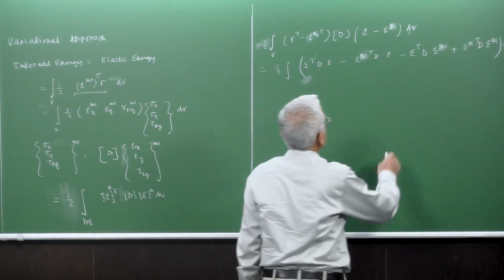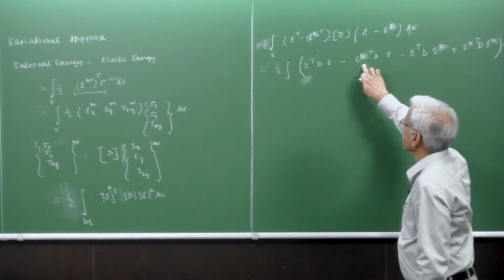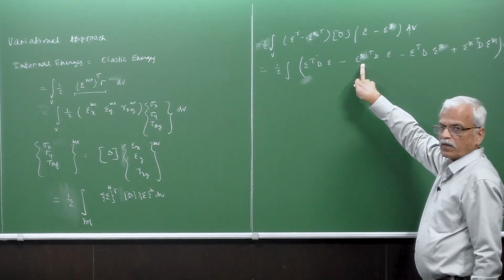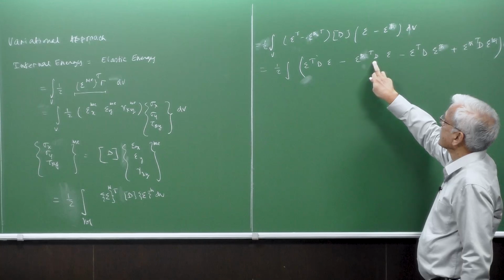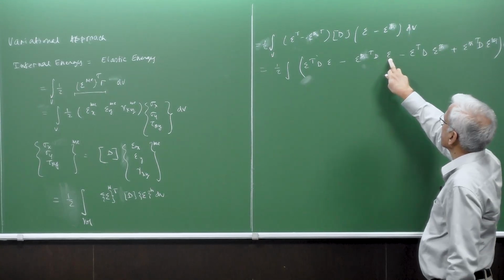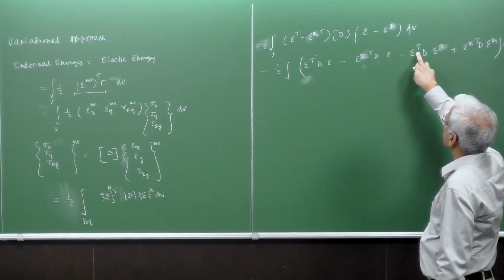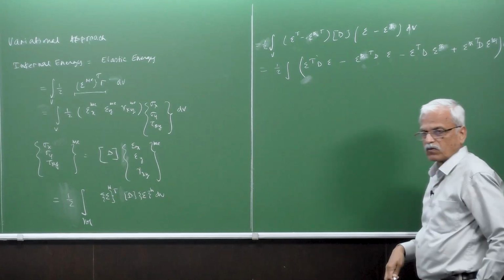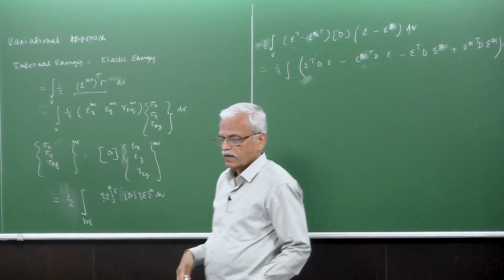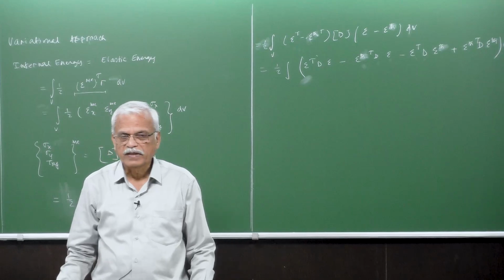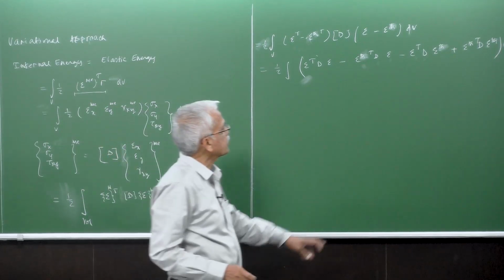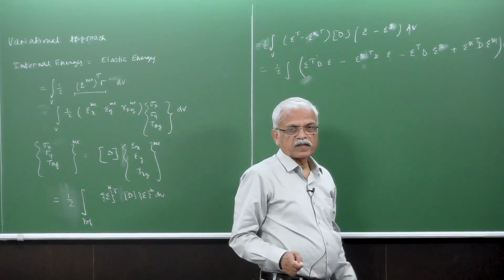In fact, one thing you can see here is epsilon thermal times D epsilon. This is epsilon transpose D epsilon thermal. So these two are scalars, and of course they will be equal to each other because here D is a symmetric matrix.